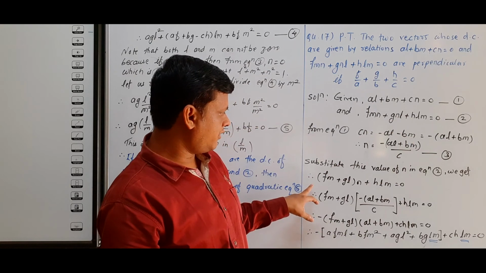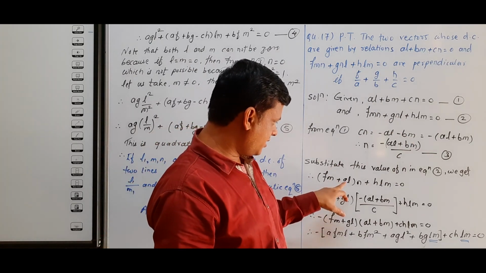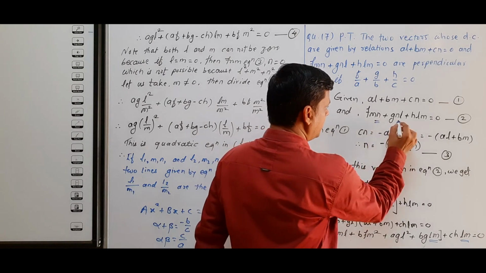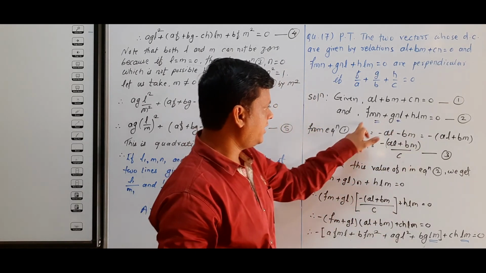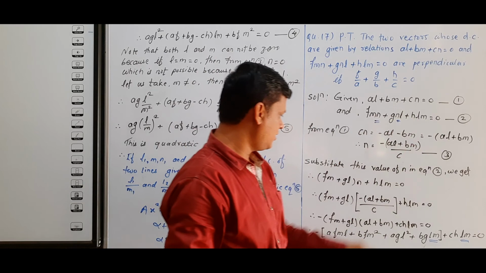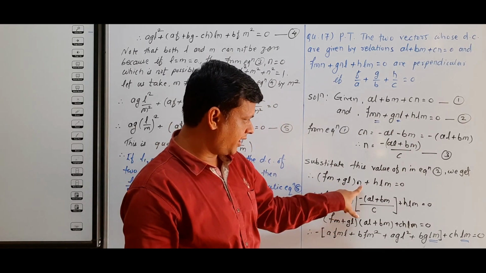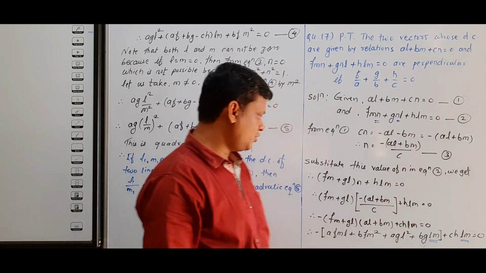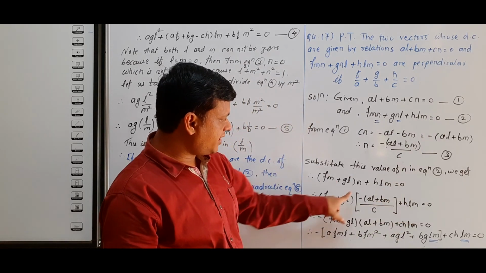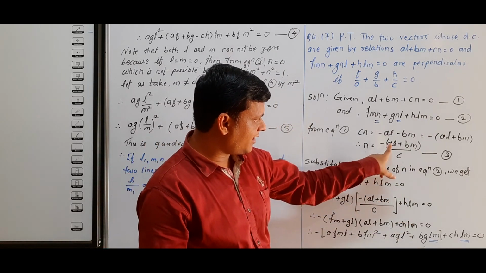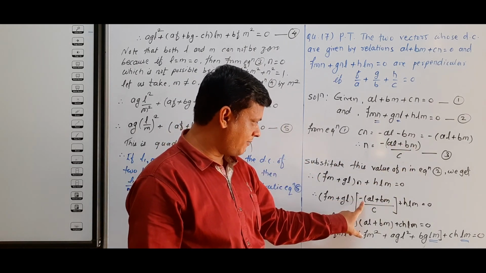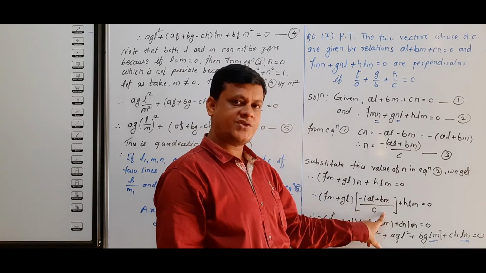So we write equation 2 as fm plus gl into n, taking n common from these terms, plus hlm as it is, equals to 0. Now we replace the value of n by minus al plus bm upon c.